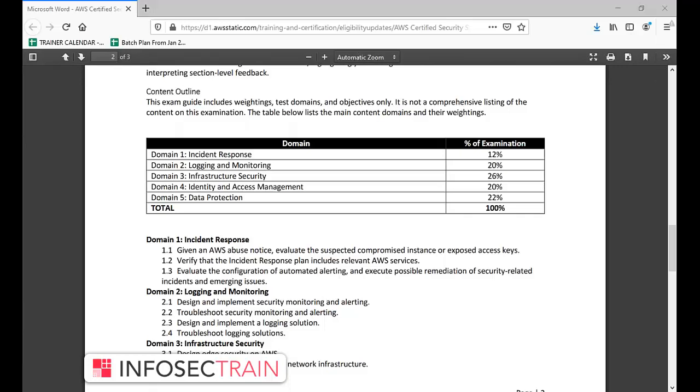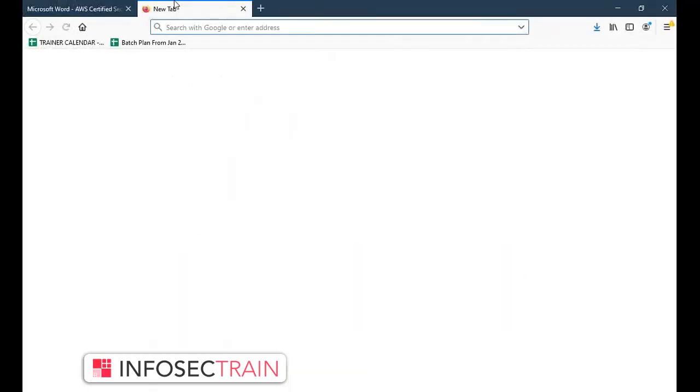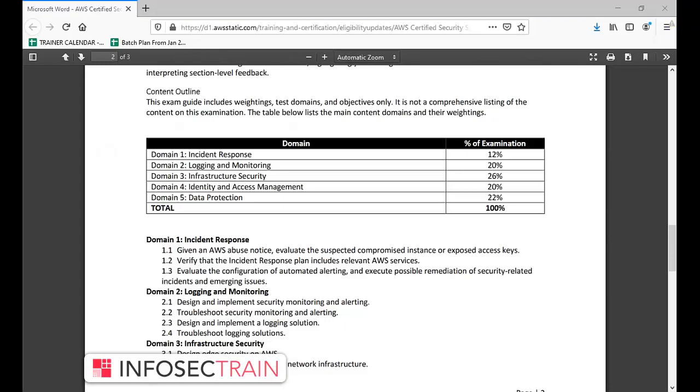Cost for the certification, right? Yeah. See, regarding the certification cost, for all the AWS associate certifications, as I told you, the cost is $150 plus tax.